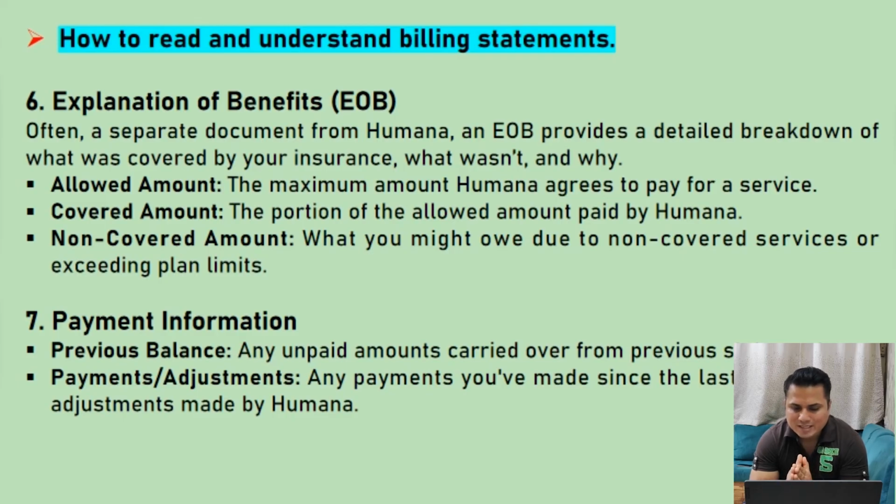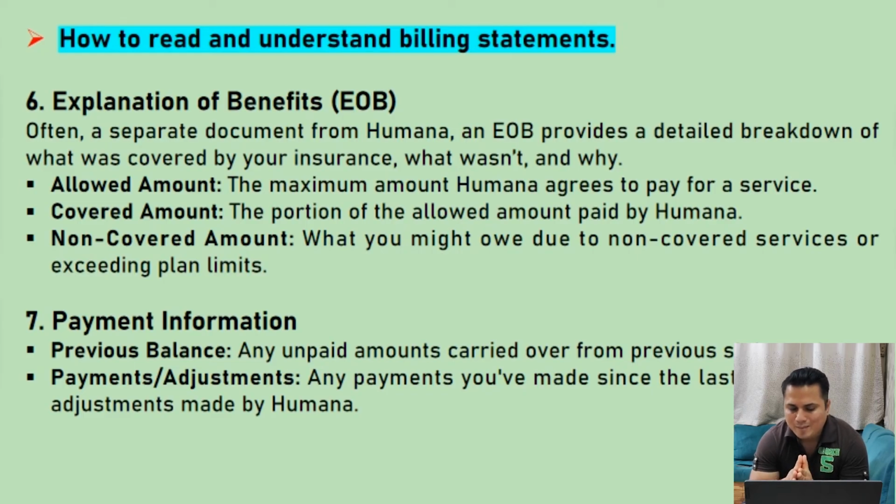Allowed amount, the maximum amount Humana agrees to pay for a service. Covered amount, the portion of the allowed amount paid by Humana. Non-covered amount, what you might owe due to non-covered services or exceeding plan limits.